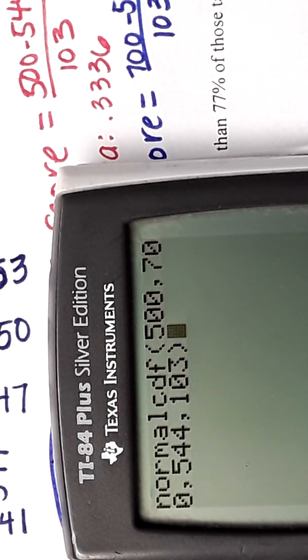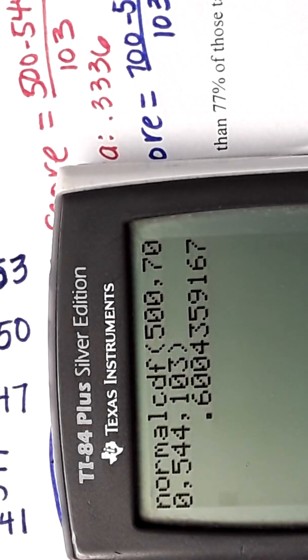So lower bound's 500, upper bound is 700, your mean is 544, and your standard deviation is 103. And now, hit enter. And what it just did is it calculated the area between 500 and 700 for you.